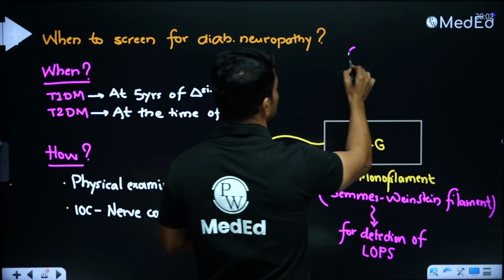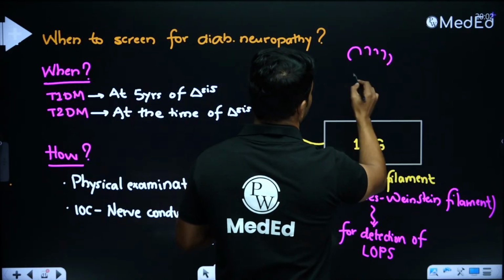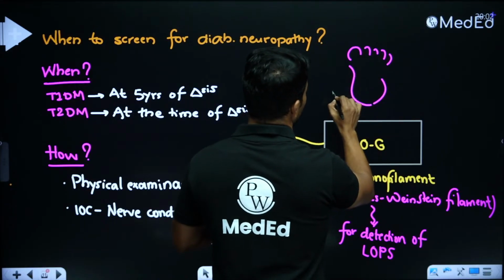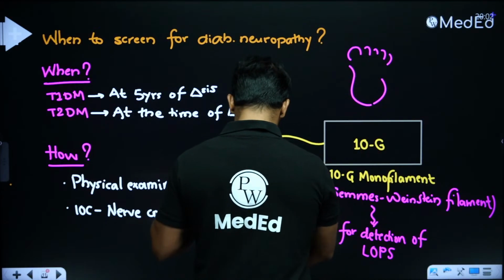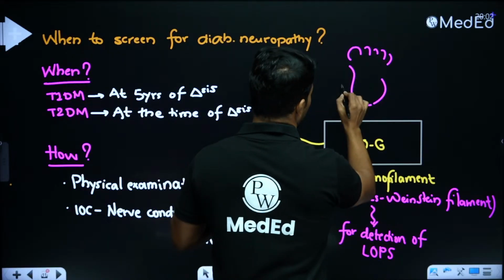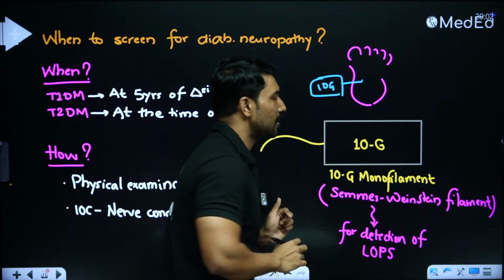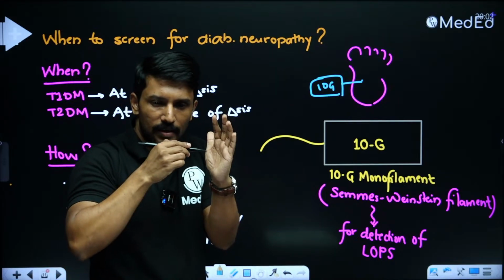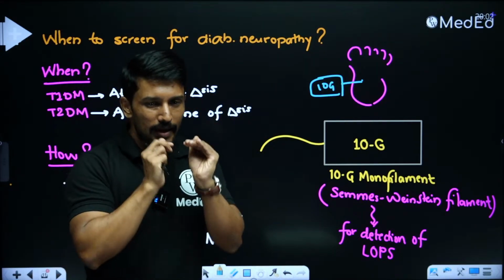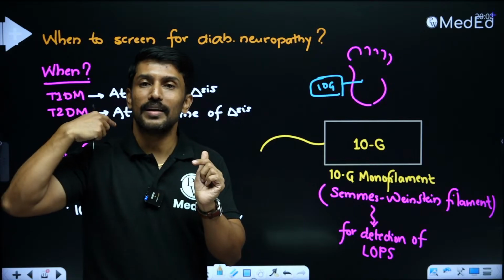Like let us say that this is a feet that I am looking at. So then what I will do, I will try to apply this monofilament and press. As I go on pressing, it starts exerting pressure, but it will not exert pressure more than 10 gram.